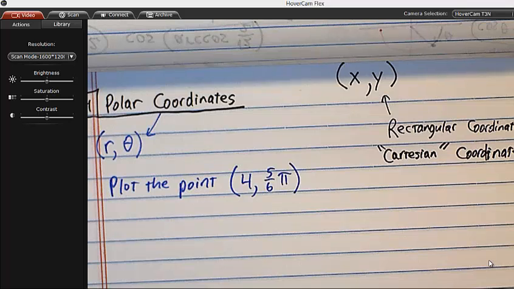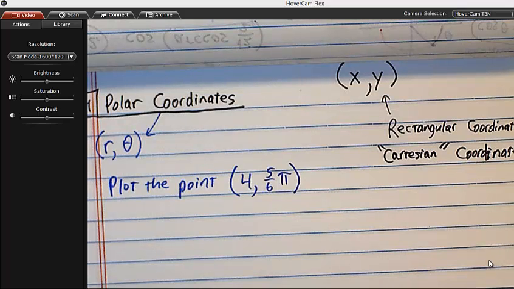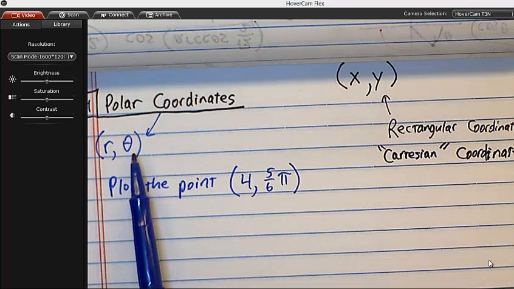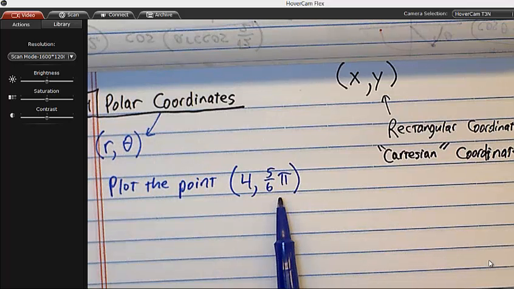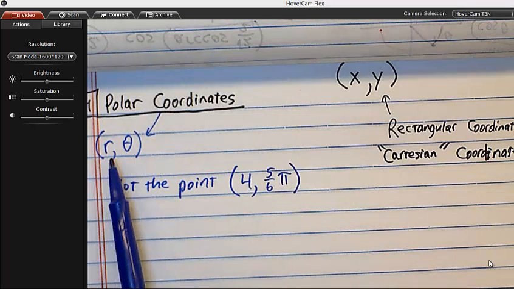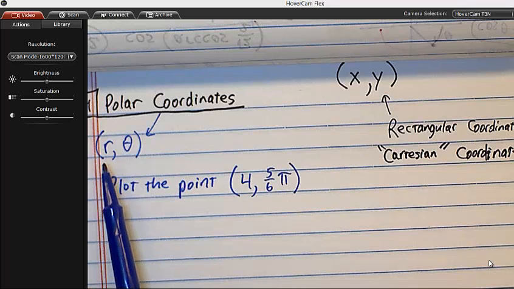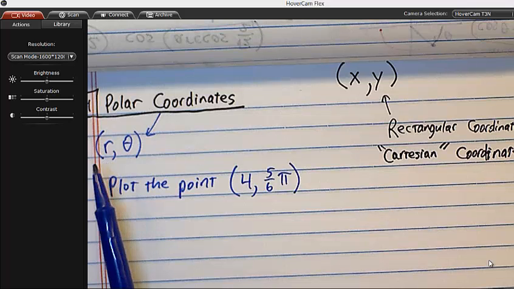And you know, it's funny because you've never done this before, and I haven't taught you anything yet, except for a trig class, or most of a trig class. But you know what theta usually means. What's theta? It's an angle, right? So my angle here is 5/6 pi. That probably means something to you because we've been working with radians so much. And R, we've used R a lot in this class also. R sometimes stands for a radius, but we kind of know what it means also.